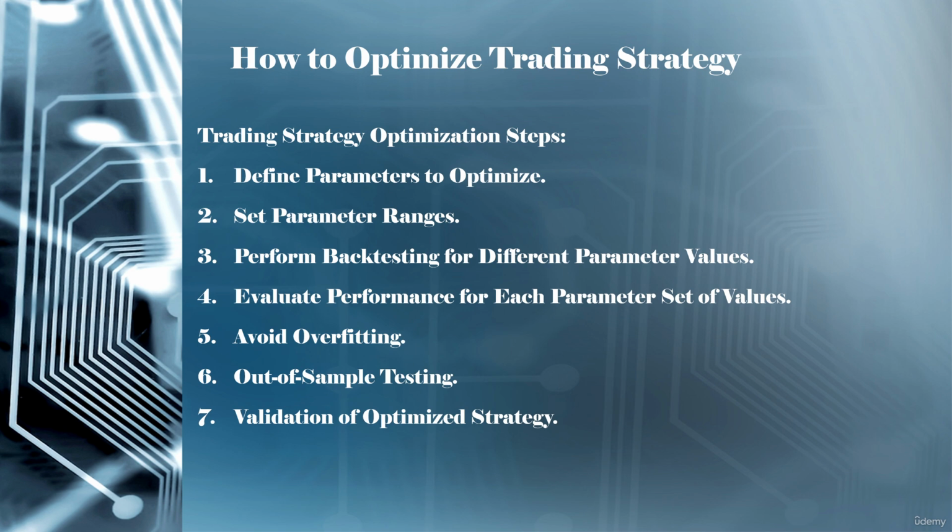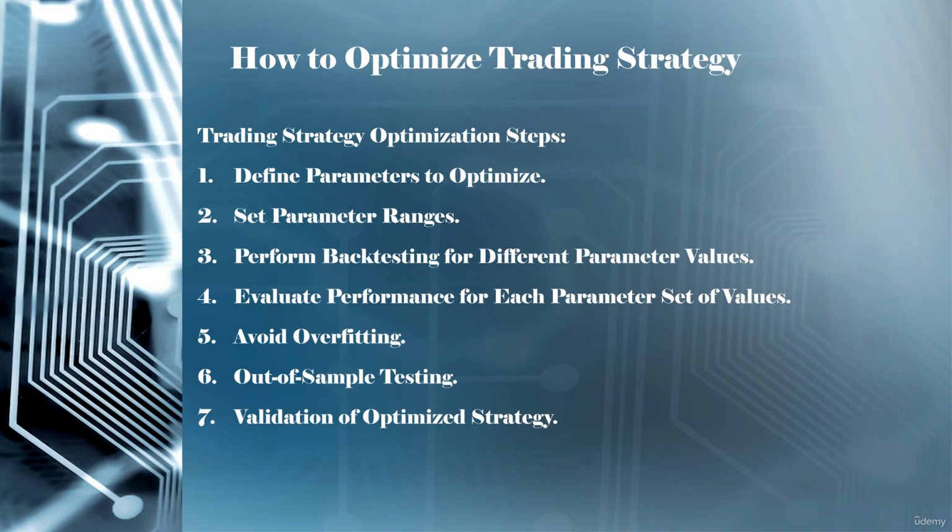Third, perform backtesting. Conduct backtesting for each combination of parameter values within the defined ranges. This involves applying the strategy to historical data to simulate trades and evaluate performance. Next step is evaluate performance.